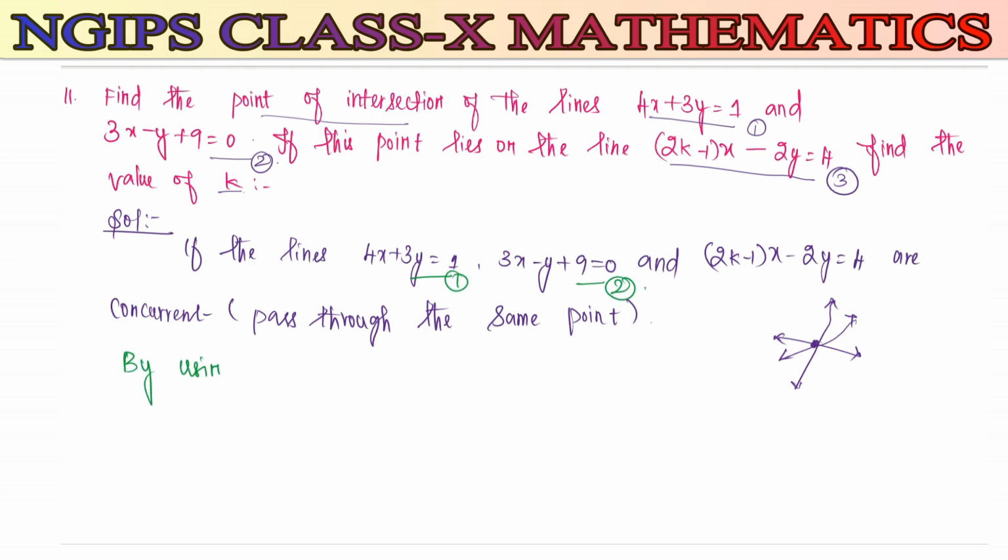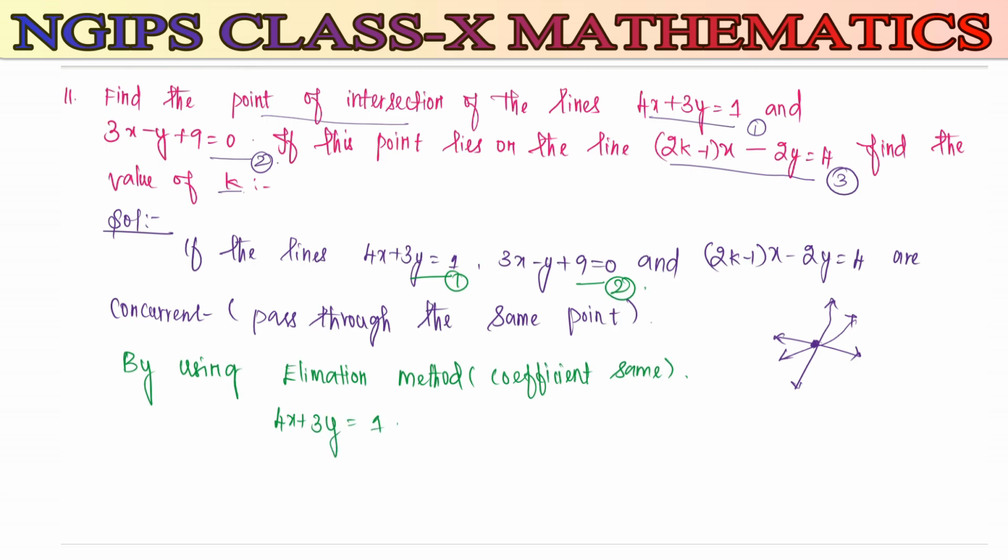Now I am going to take equation 1 and equation 2 by using the elimination method, which is nothing but making the coefficient same. So here we have the equation 4x plus 3y is equal to 1.